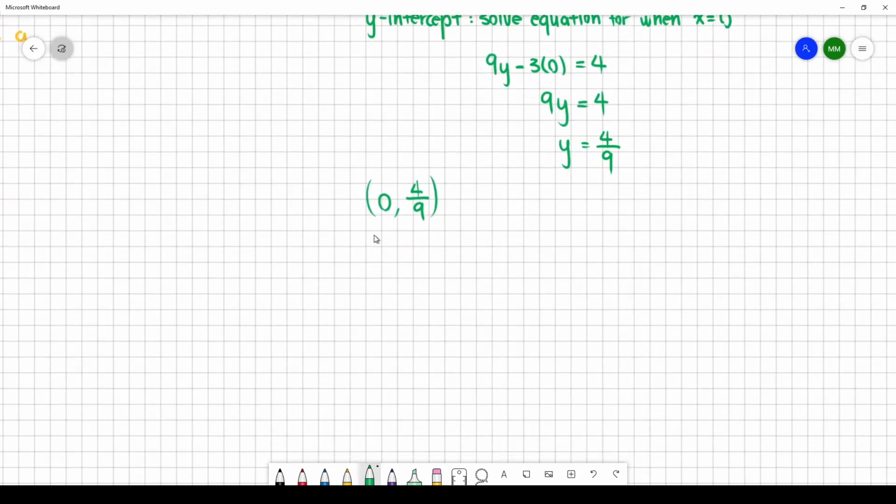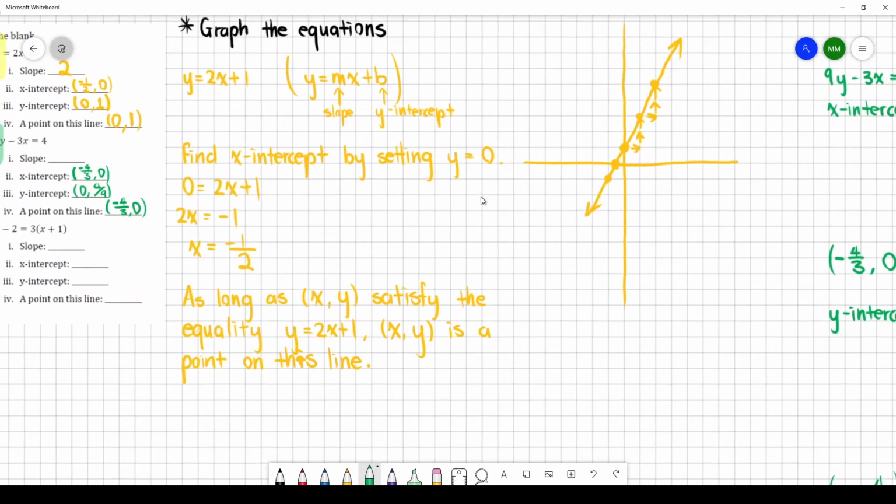So we can rearrange the equation a bit. 9y minus 3x is equal to 4. If I add 3x on both sides, I get 9y is equal to 3x plus 4. In y-intercept form, the y has a coefficient, which is any number the y is multiplied by, and that number is 1.